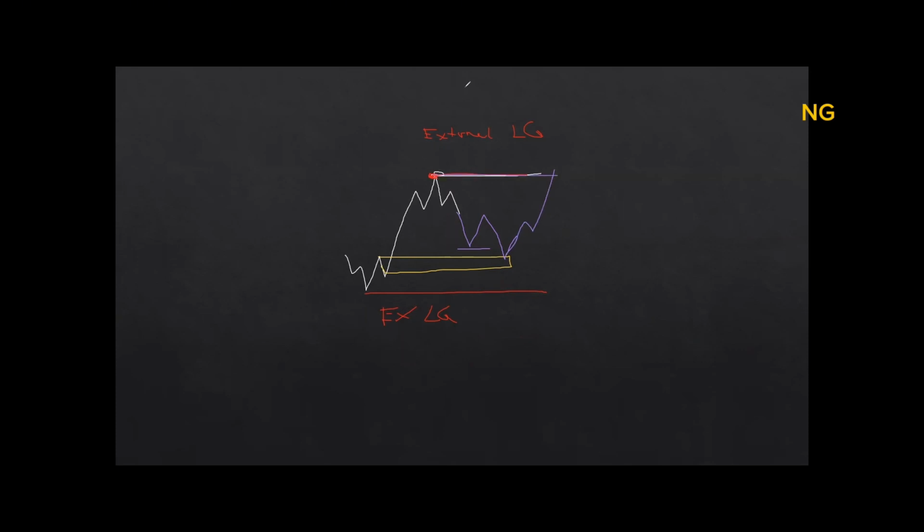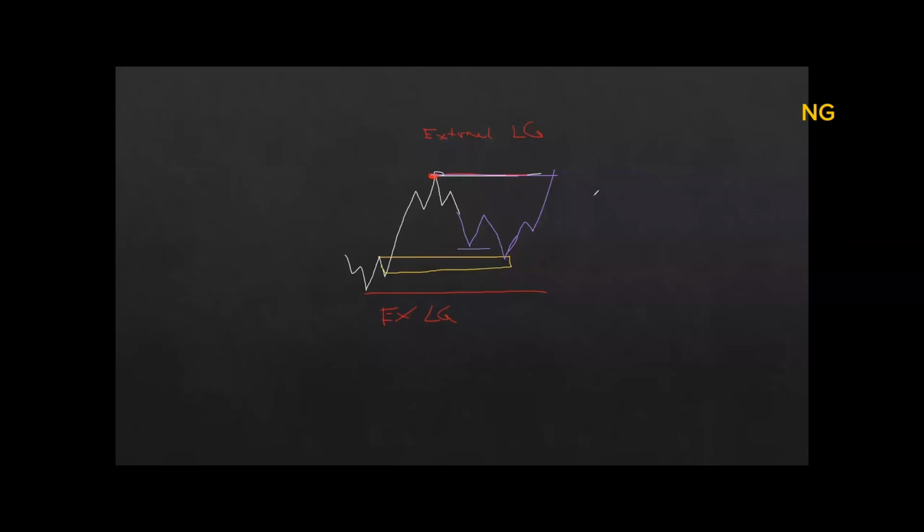So after we take out external, right, we're coming back for internal. After we take out internal, we're going back for external. So far with me? All right. So now let's break that down.